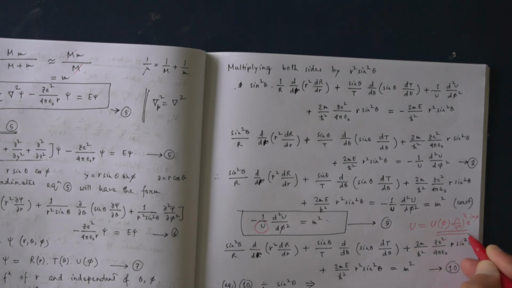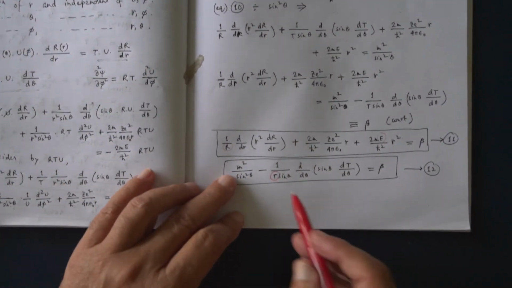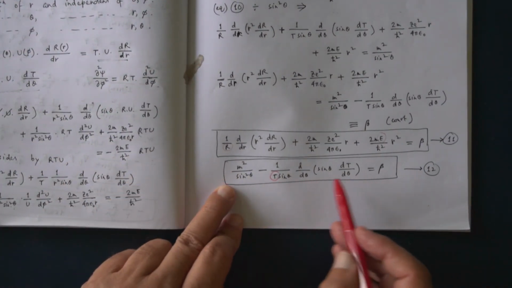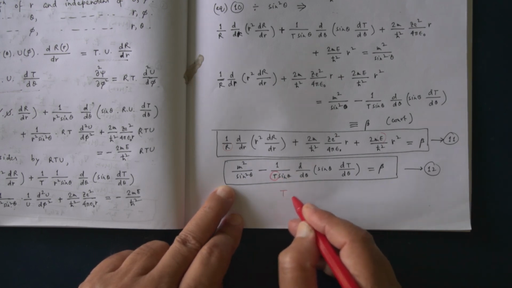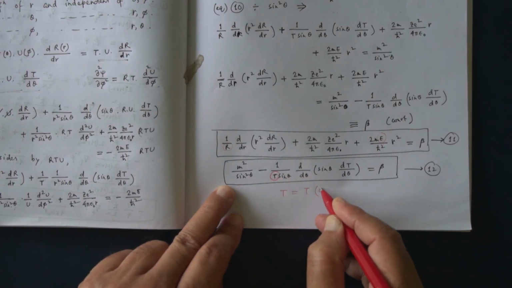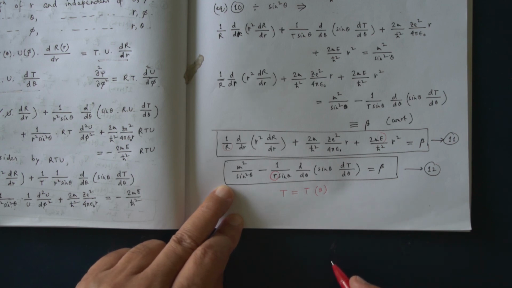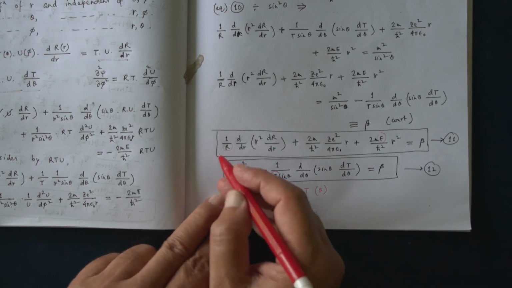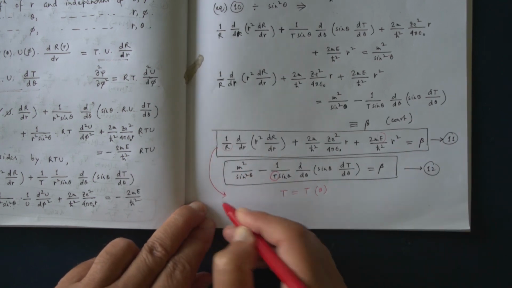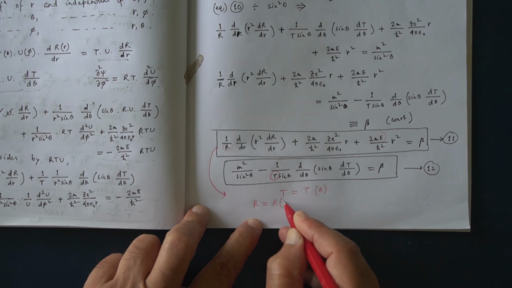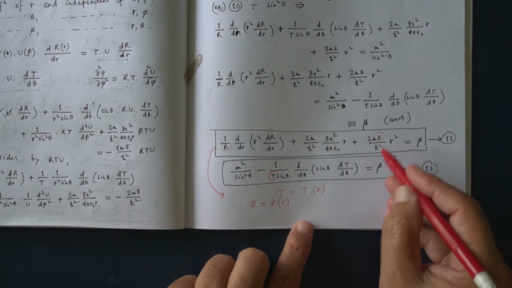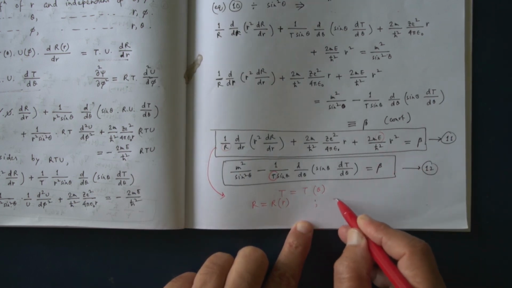Similarly, if we solve this equation, we get the value of the function theta. If we solve this equation, we get the value of the function r. At the same time, we get the value of energy.